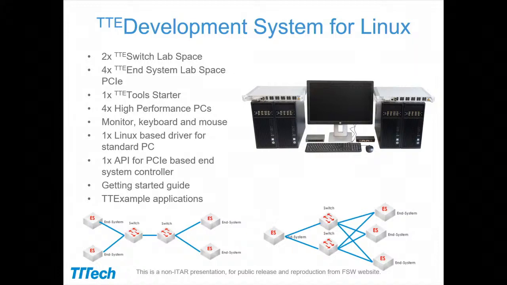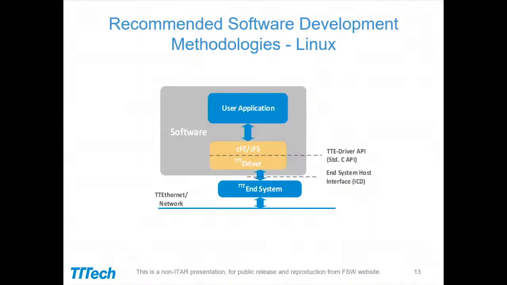And this operates with Linux as the operating system, and this is what we would suggest that you start with. And more specifically, for Gateway, we would want to introduce CFS into the mix as well. So you'd start with this development system that I showed in the previous chart, and you would have CFS sitting on top of Linux, and then that is talking to an end system, and then that ties into the switch, and you'll have a sort of mini network right there operating.